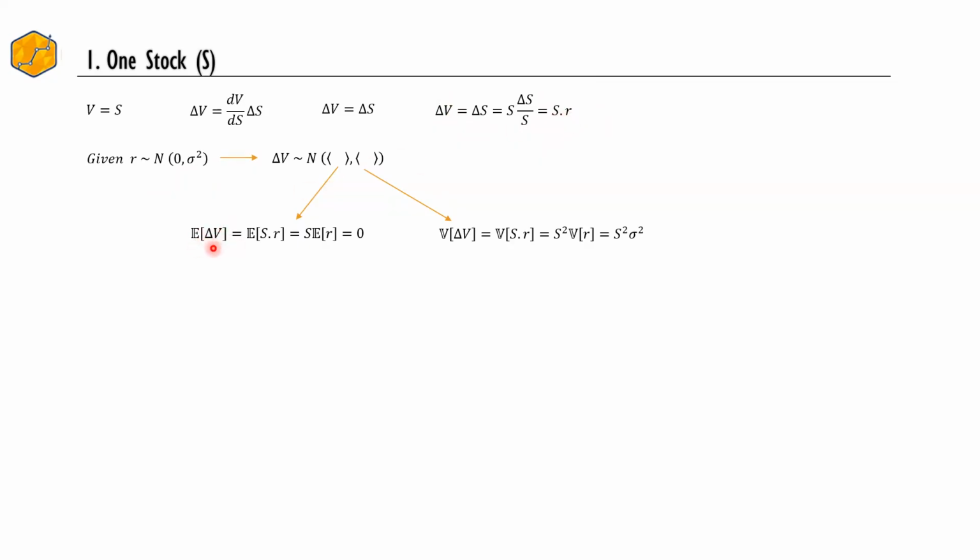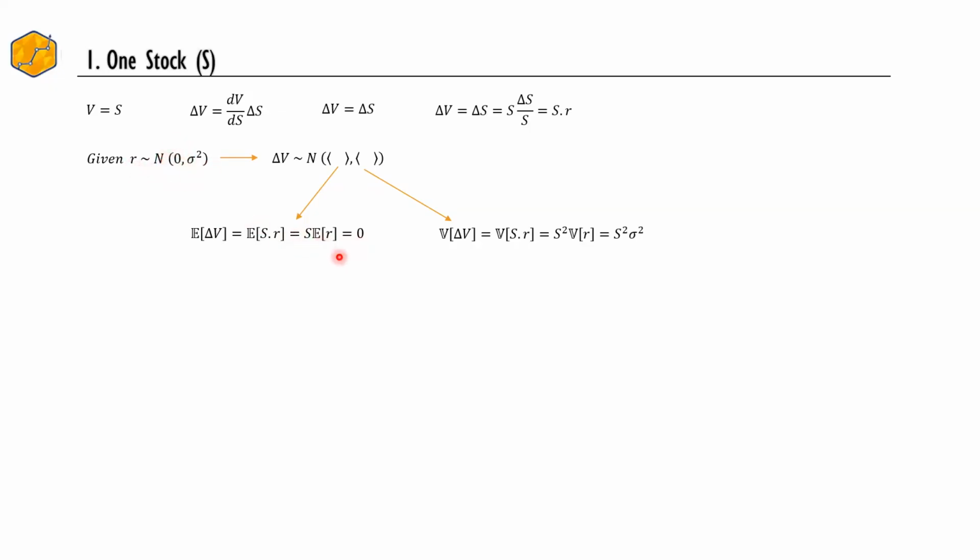Take this expectation. I've just replaced delta V as S times R. R is the normal random, S is the constant scalar that gets multiplied. So S comes out. Remember the expectation algebra: the constant will come out. Expectation of R is 0 because we have assumed the mean of R is 0.